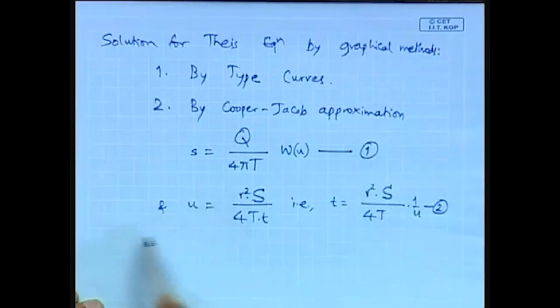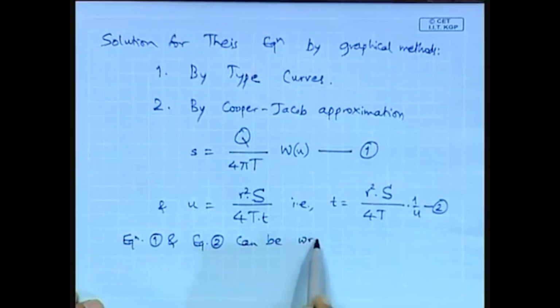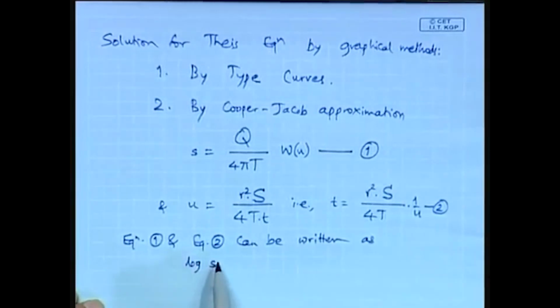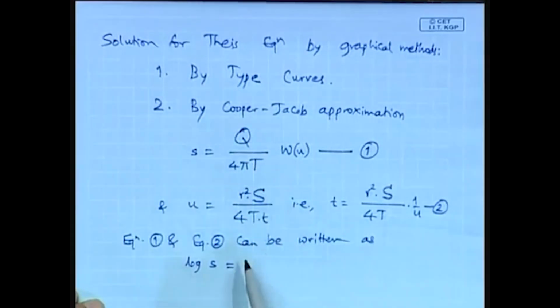So, equation 1 and equation 2 can be written as log of s, this is the unsteady drawdown s. Obviously, here this Q is the steady rate of pumping.